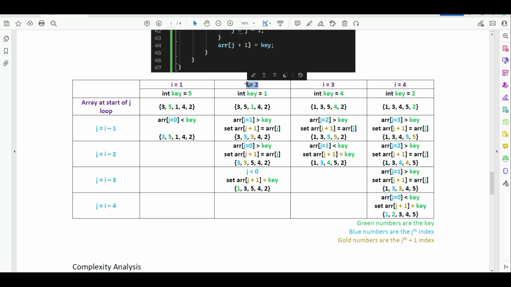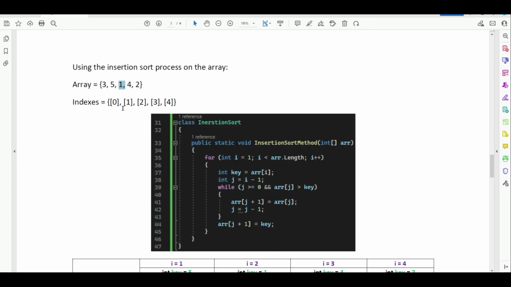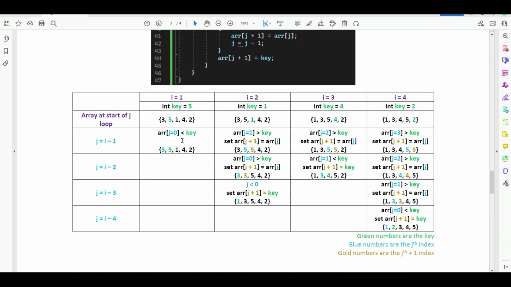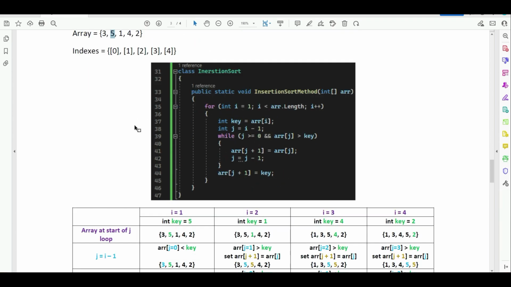Then we go to i equals 2 here, and our key will be equal to 1, because this is our 2 index right here. So we're looking at this right here. Then we first look at j equals 1, which is greater than the key, because j equals 1 is looking at this 5 right here.